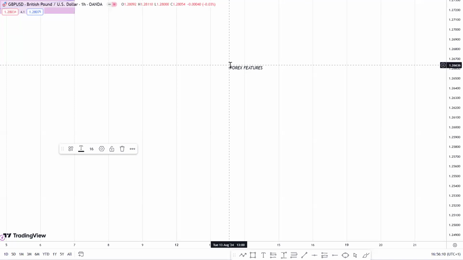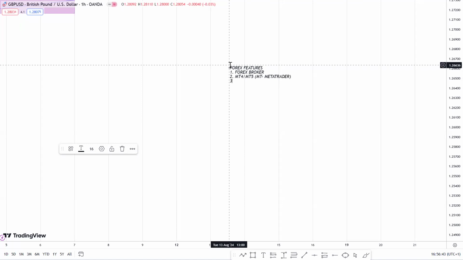So forex features, number one, we have the forex broker. Then we have MT4 and MT5, where MT means MetaTrader.